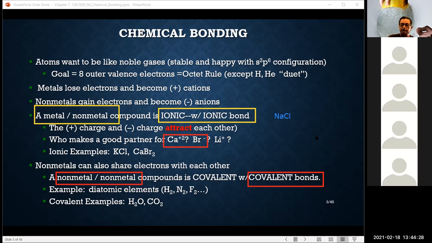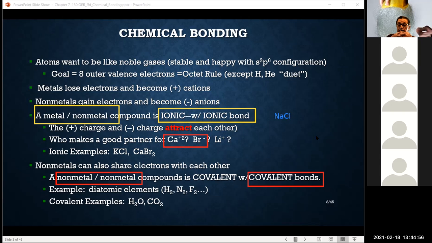Now, again, the main difference between these two chemical bonds: ionic bonds, there is no sharing of electrons. It's an attraction between a full positive charge and a full negative charge that come together and are attracted to each other because of the charge. Covalent bonds, there's a literal sharing of electrons.